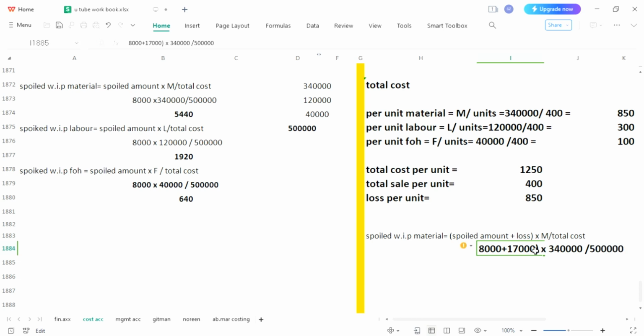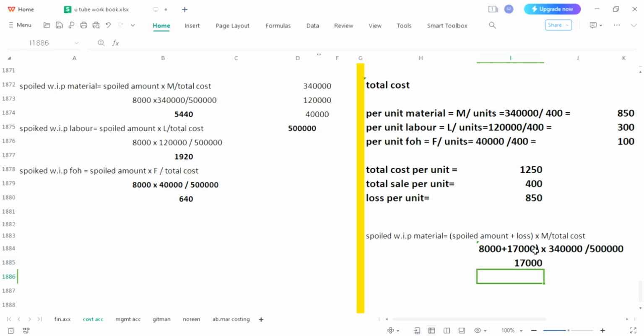Okay. Your statement is completed. Now let's put it on the calculator. 8,000 plus 17,000, it would be multiplied by 340,000 and divided by 5 lakh.